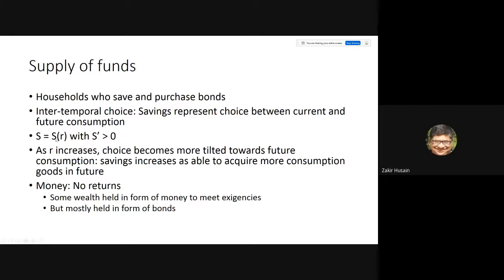The Keynesian savings function is a function of Y, but this is a function of r. Okay, so you can see that small changes are coming in. The edifice that we had built up in the earlier semester has to be changed.